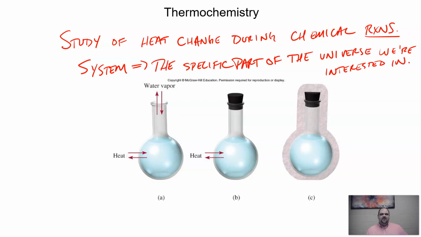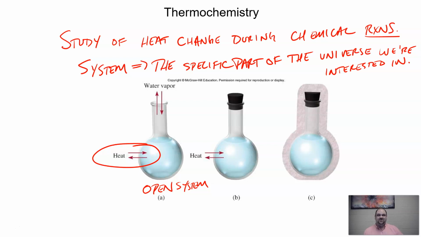Right? And so there are three main ways that the system and the surroundings can interact. In flask A here, we have an open system. In an open system, you can see we have exchange of heat, so heat can be exchanged between the system and the surroundings.